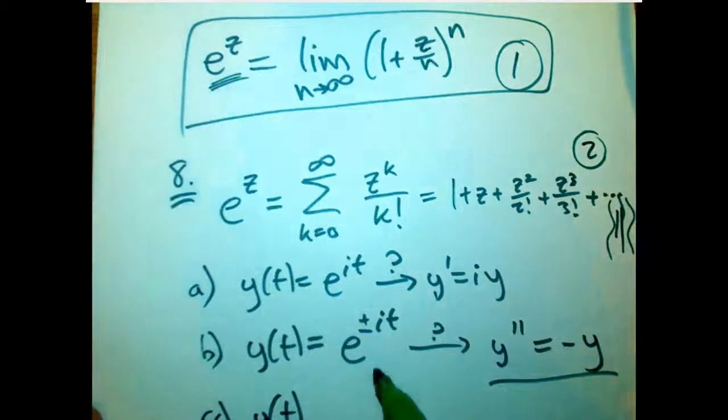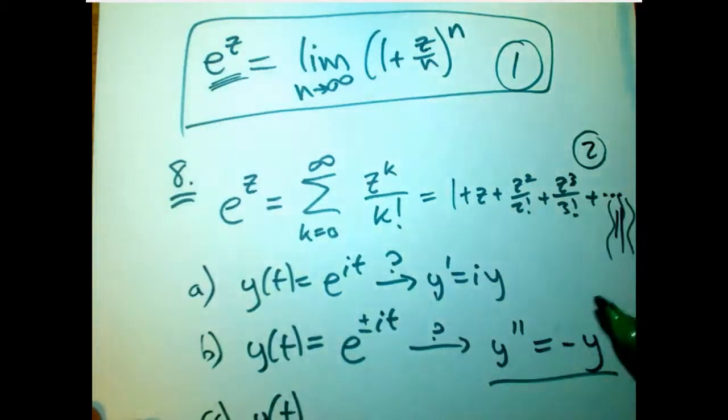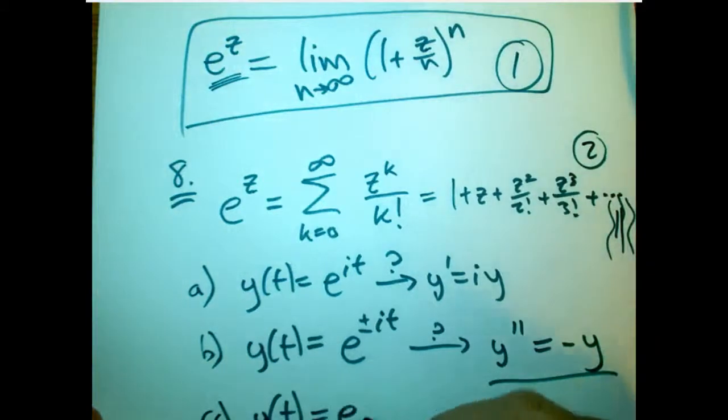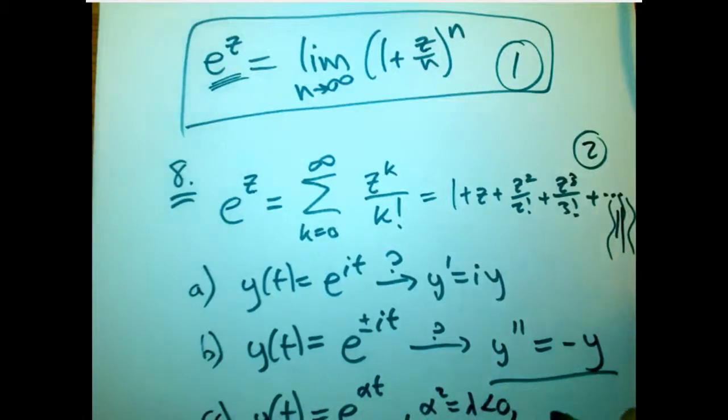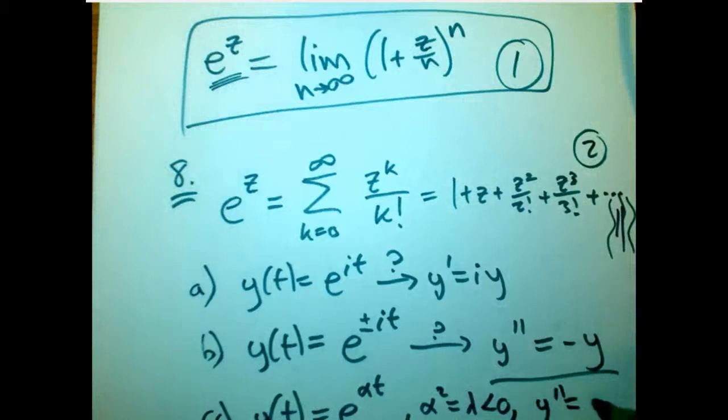Again, not hard. Take two derivatives of this, just as if it were a polynomial. Follow the usual rules of algebra, including the rules of algebra for i. If I have e to the alpha t, and alpha squared is lambda, which happens to be negative, the claim is that y double prime is indeed equal to lambda y. That's just an easy generalization of this.